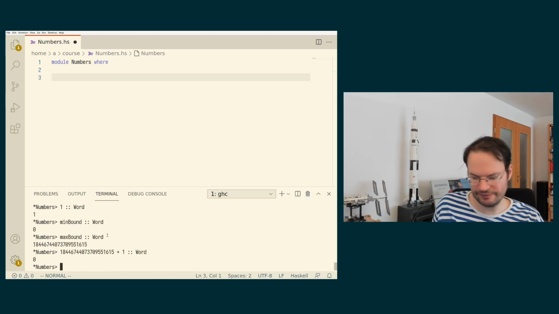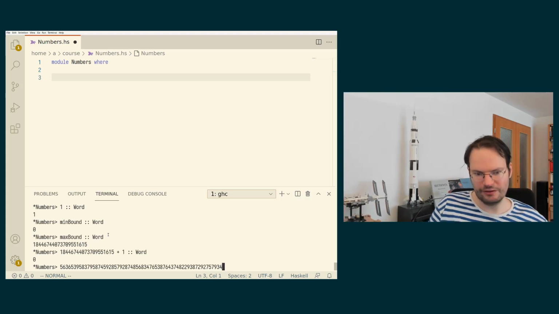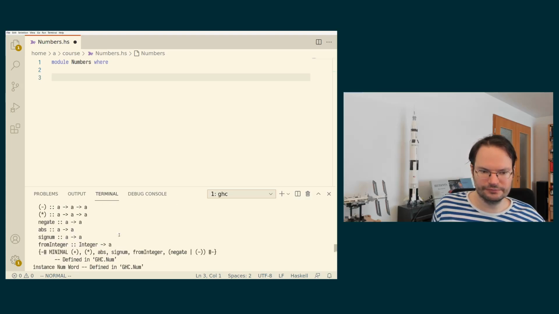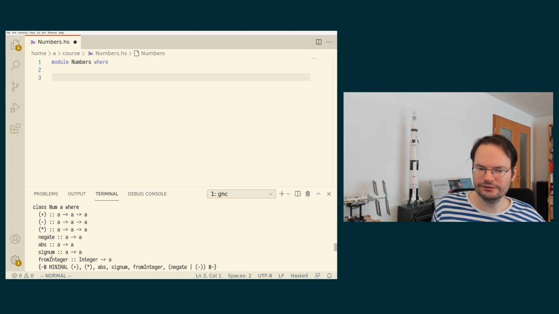If you write a sequence of digits, it's always rather trivially a legal member of this only memory-bounded type of Integers. And now, since the Num class has this method fromInteger, we have to explain how to go from this unbounded type of Integers into our possibly more restricted type that we are currently considering.